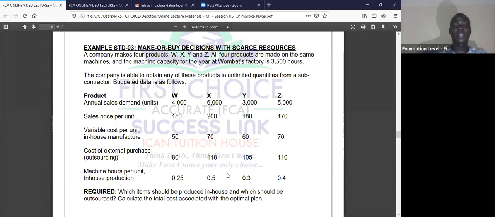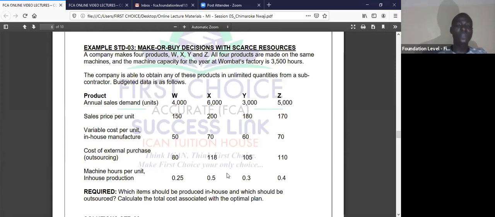You can find out that the external cost of purchasing is higher than the cost of making it in-house. So if the cost of making it in-house was higher, you would be justified in buying outside.